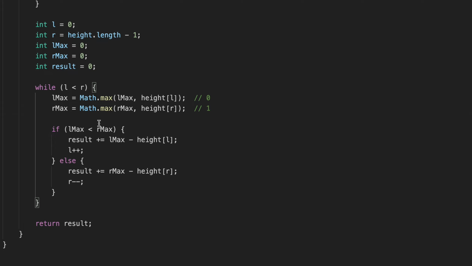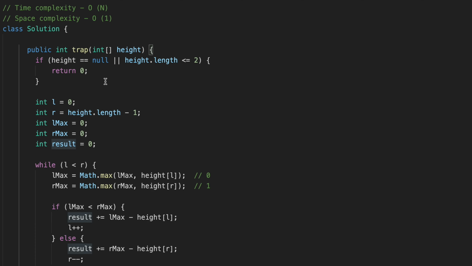Then if our Lmax is less than our Rmax, we take the difference between the Lmax and the height of the current position, add it to our result, and move our left pointer. The same way, if our Rmax is more than or equal to Lmax, we add the difference between Rmax and the height to our result and move our right pointer. And at the end we are returning the result.